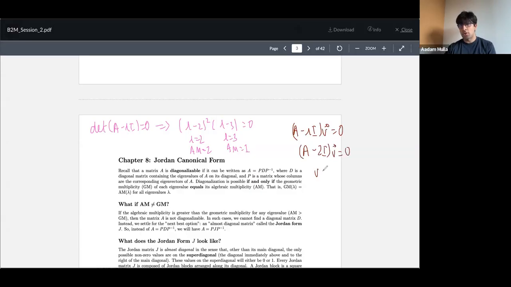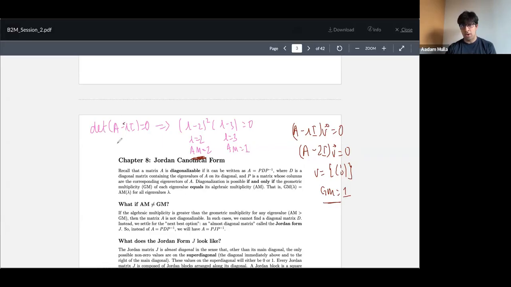And we get that the solution set of v is the vectors like (1, 0). So (1, 0) is the kernel of A minus 2I. Remember, kernel just means the solution set to a matrix times a vector equals 0. As you can see, the kernel is one-dimensional. We have one vector in the kernel, so this would be a geometric multiplicity of 1. So for lambda equals 2, the algebraic multiplicity is 2, the geometric multiplicity is 1.